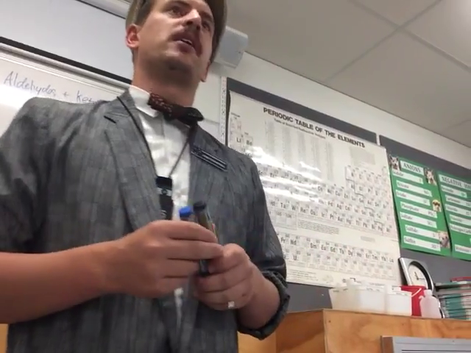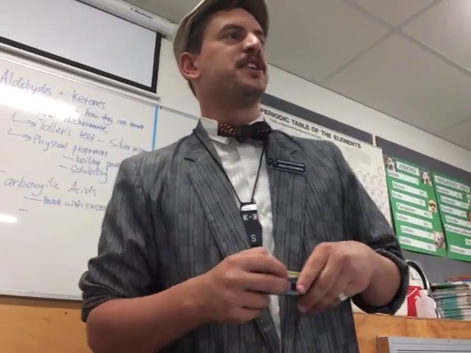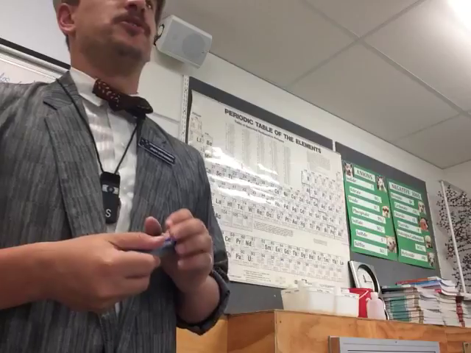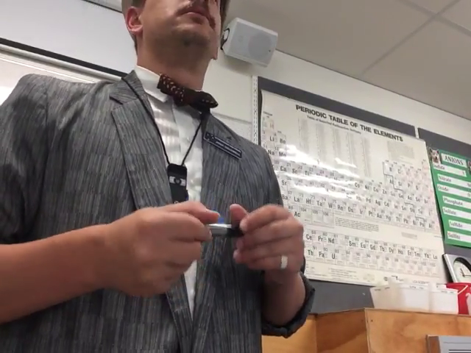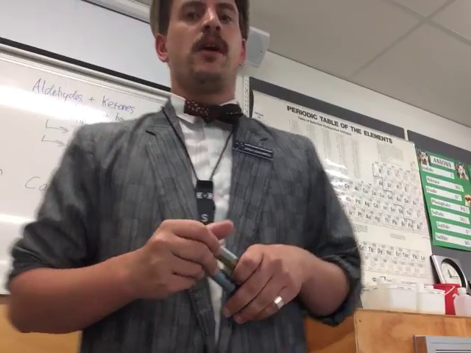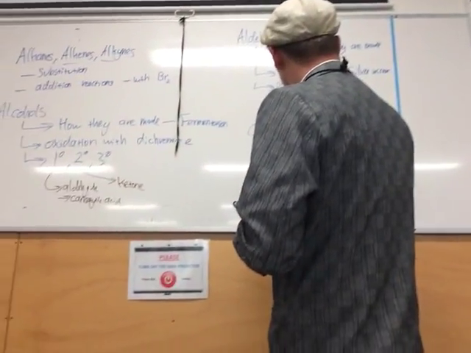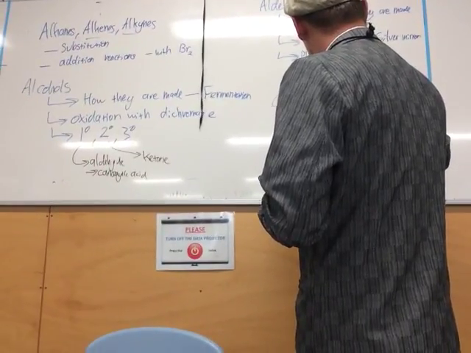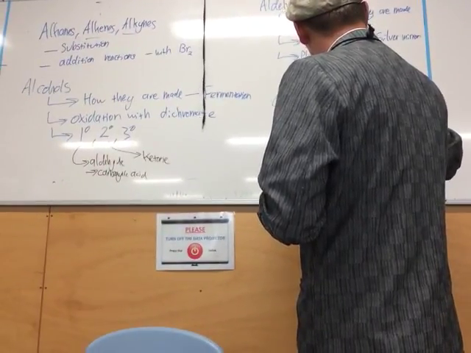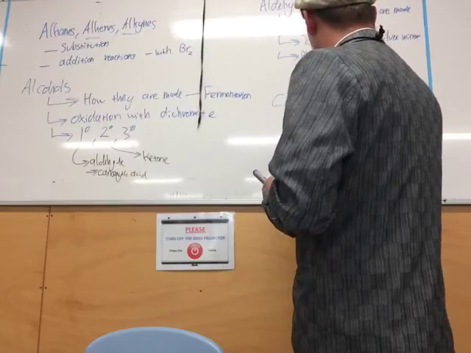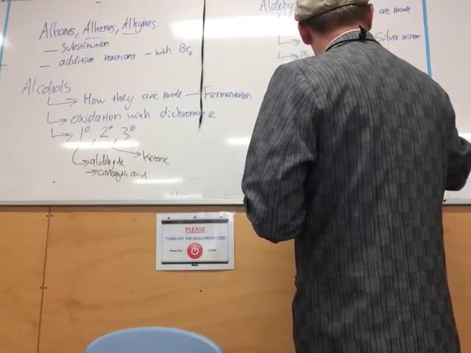The front end comes from the alcohol. So if I had ethanol and butanoic acid and I combine them, I would make ethyl butanoate. All right? So look at esterification, which will cover your esters.